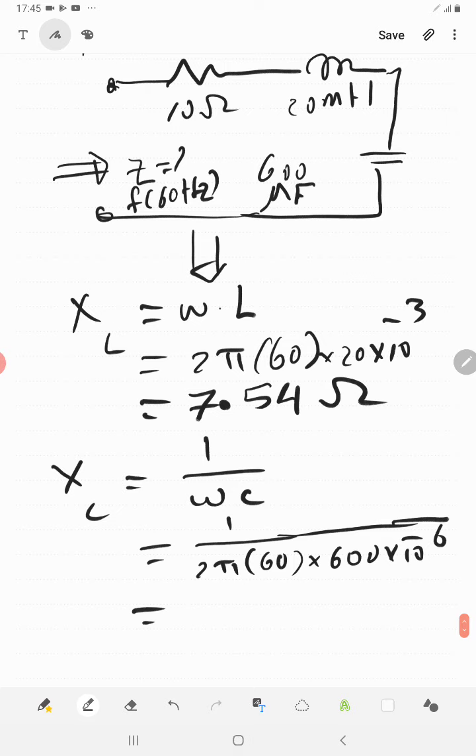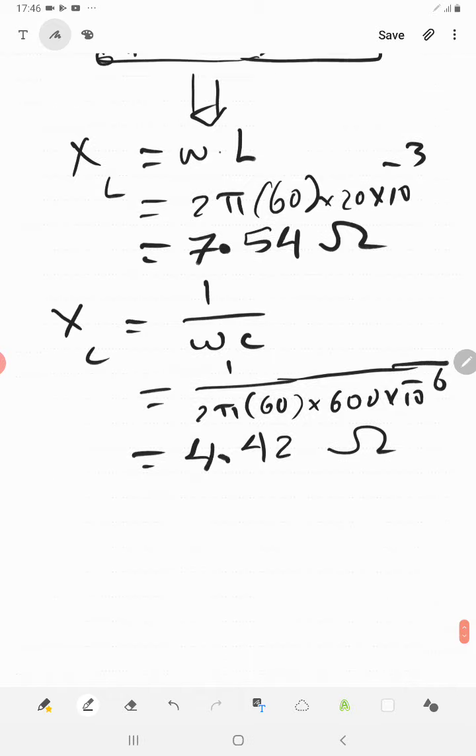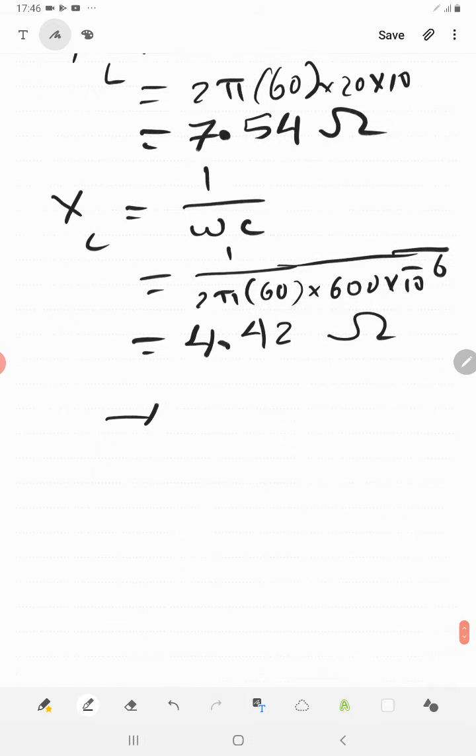So this will be 1 divided by 2 divided by pi divided by 60 divided by 600 times 10 to the minus 6. If you do it using your calculator, it will be approximately 4.42 ohms, okay?